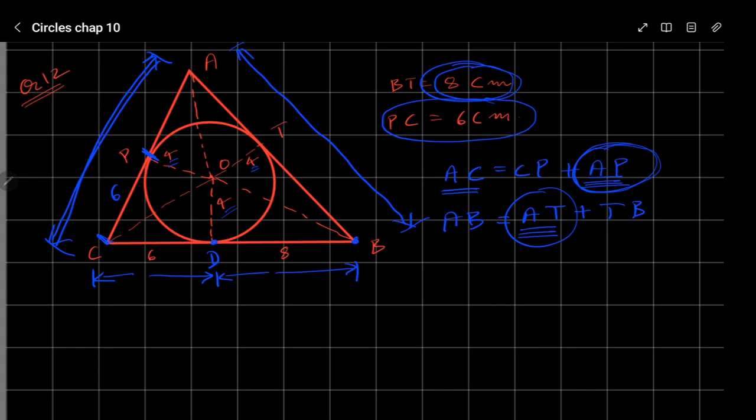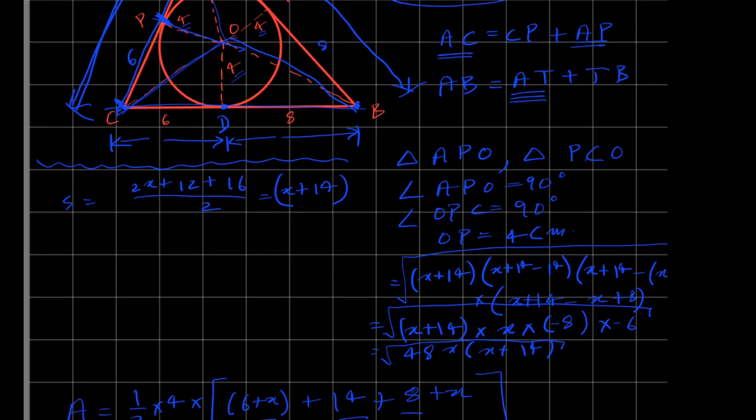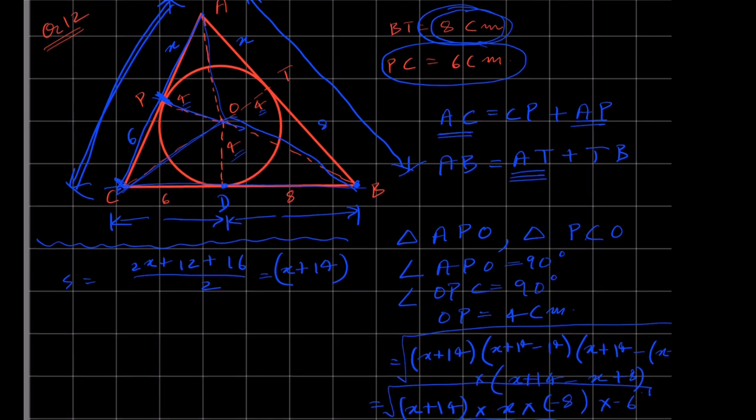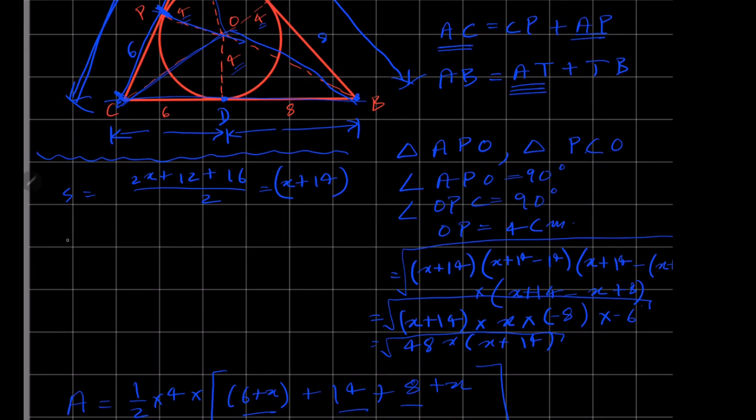Okay, let us assume that we want to find AP first. So for finding AP, here we have to actually use the two formulas of area of triangle in order to solve that problem. Do you remember that area of triangle could be found out in two ways?